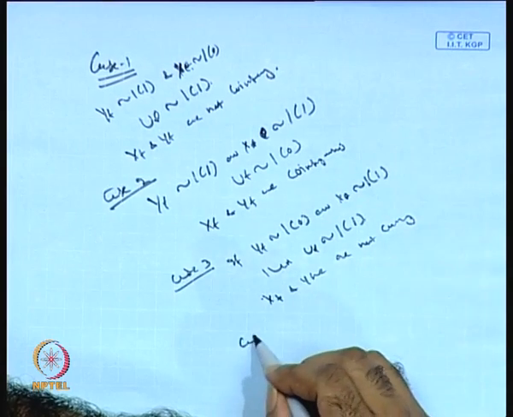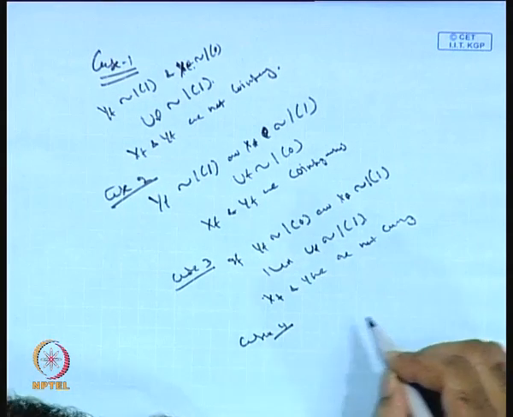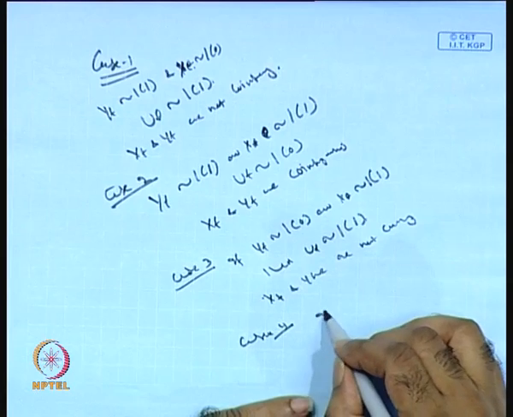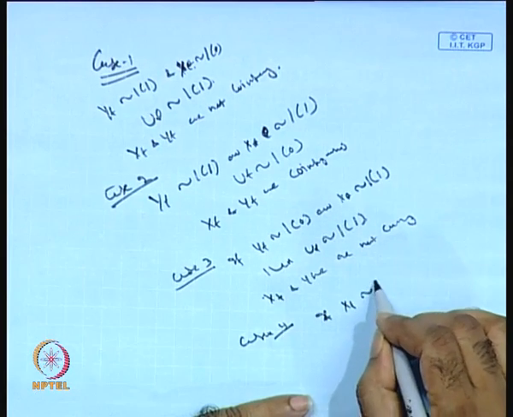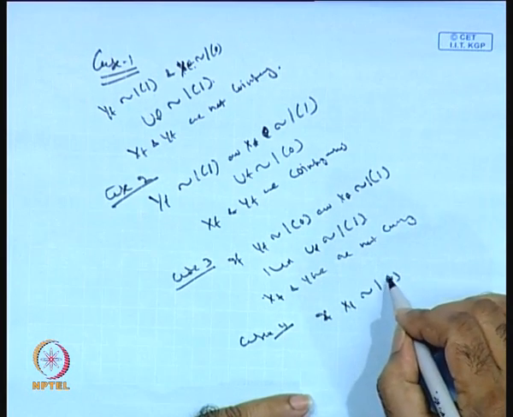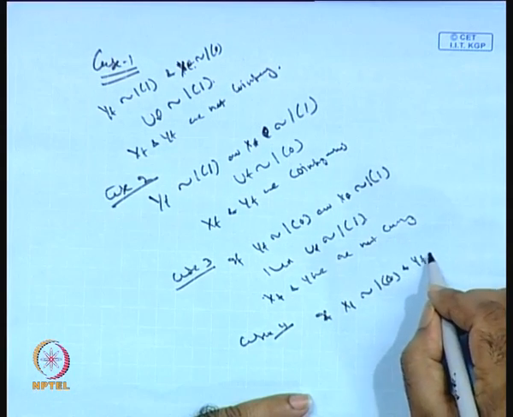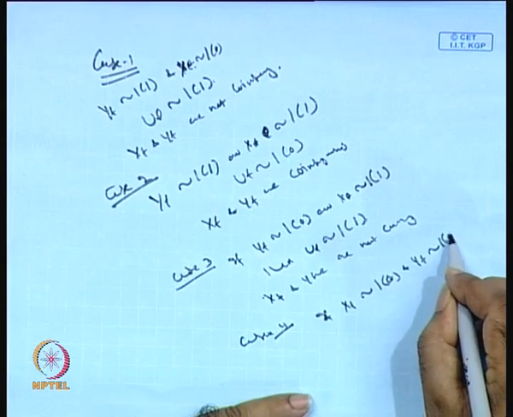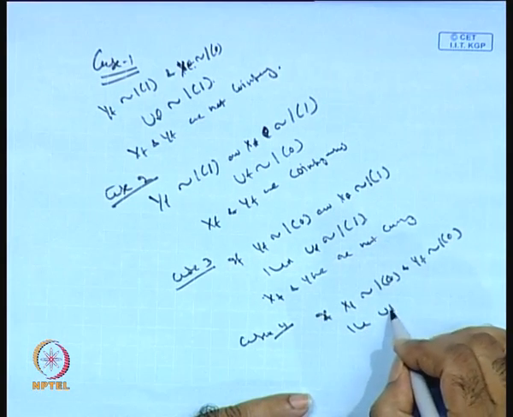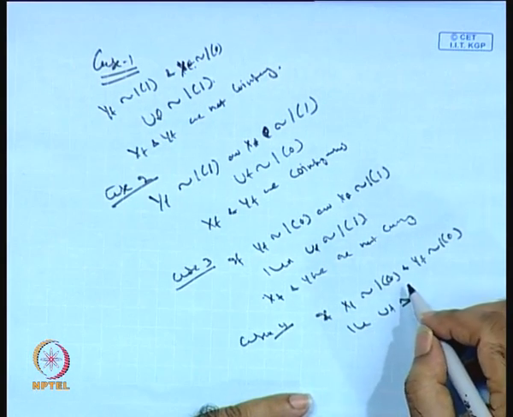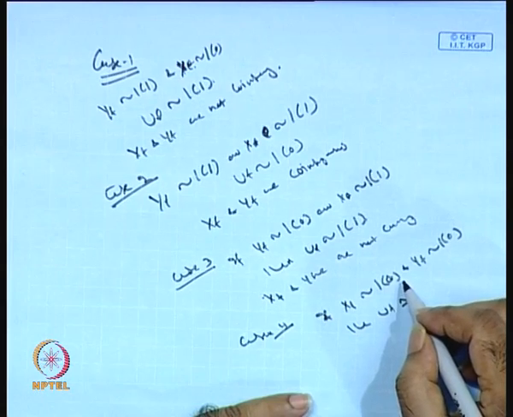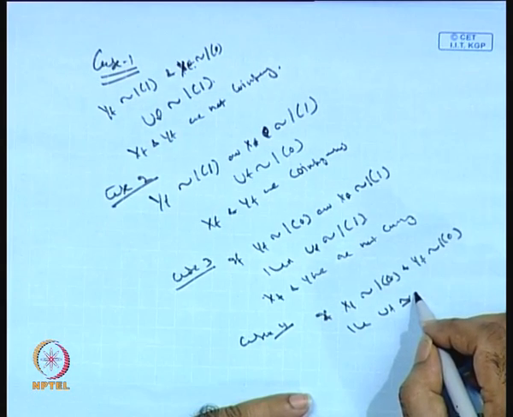Case 4: if x_t is integrated of order 0 and y_t is integrated of order 0, then u_t is integrated of order 0.